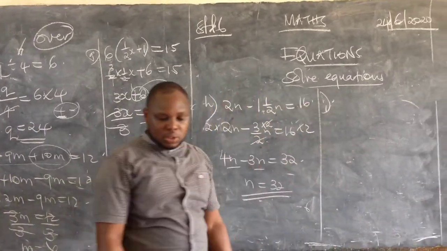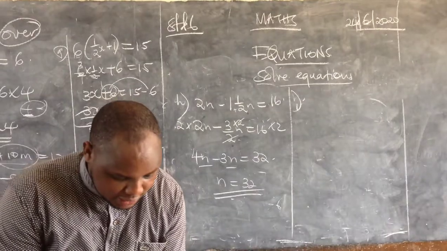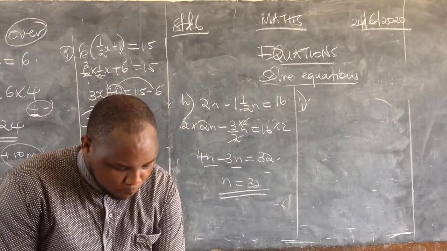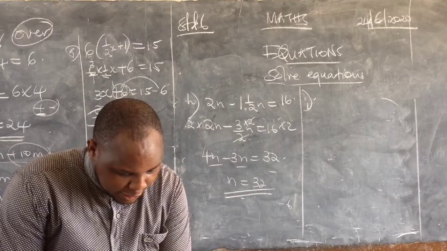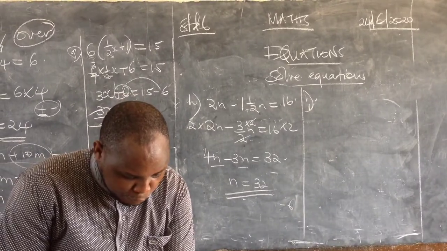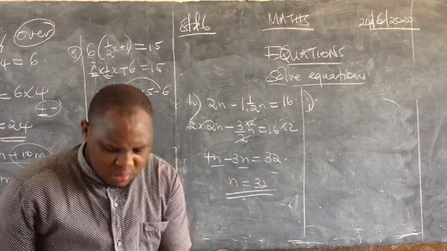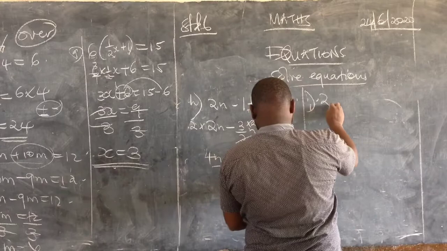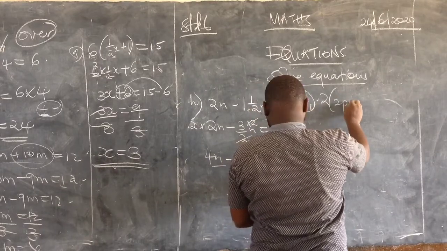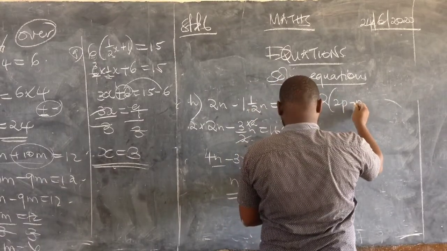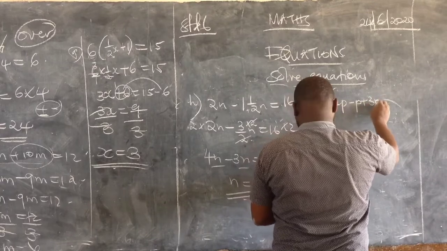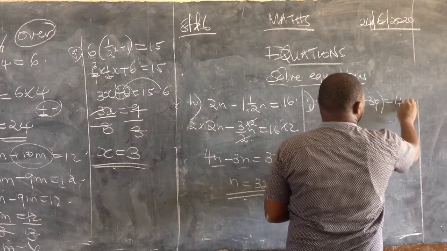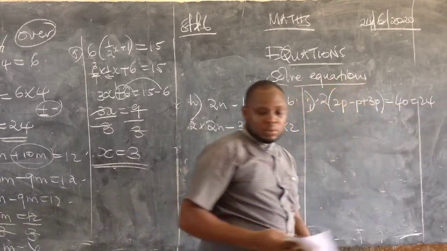Maybe I give you the last question before I give you an exercise. That is going to be a question like 2 (2p subtract p plus 3p), close the bracket, minus 40 is equal to 24.